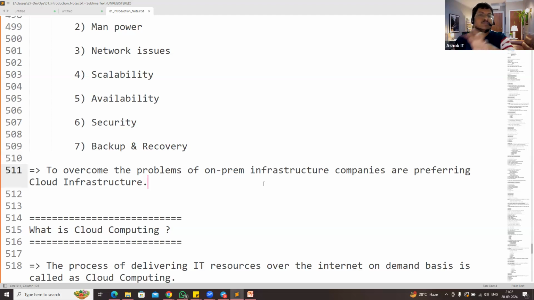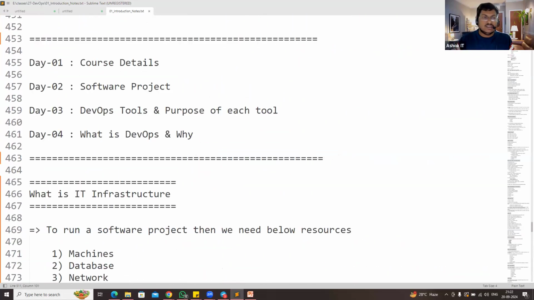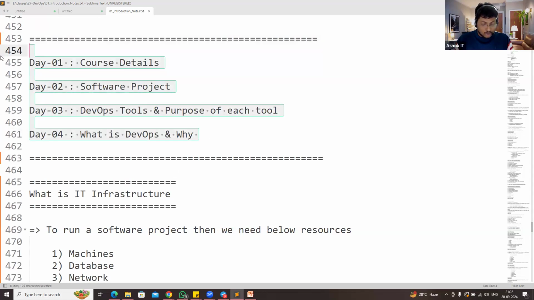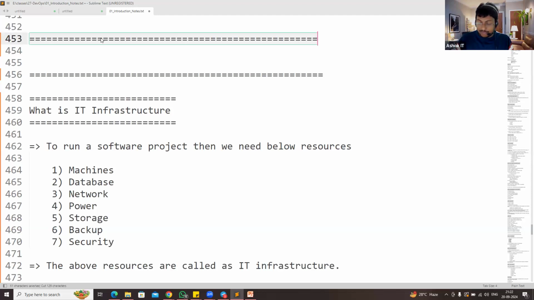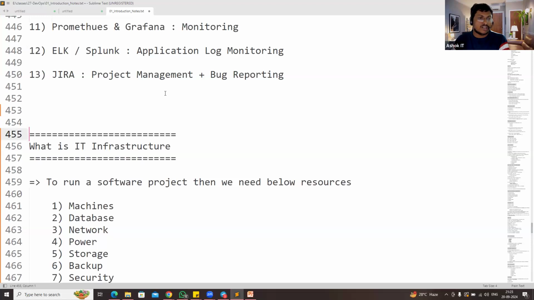Our course is DevOps with AWS. If you want to learn Azure, a separate course is available. All right, good. I hope you got the clarity on what is infrastructure, what is on-prem infrastructure, why we need to go for cloud infrastructure, and what benefits are available with cloud infrastructure.